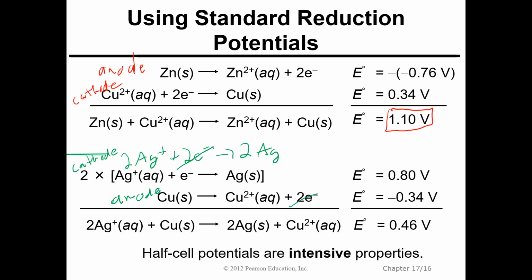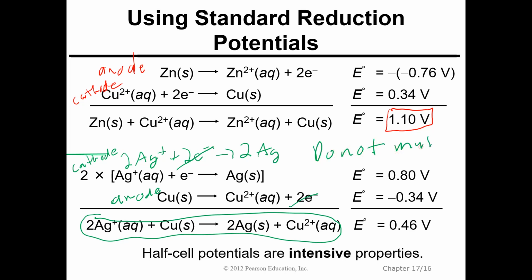So the electrons would cancel out when we add these together to get our overall cell reaction. Now, when we multiply a reaction by 2, we do not multiply the cell potential by anything.